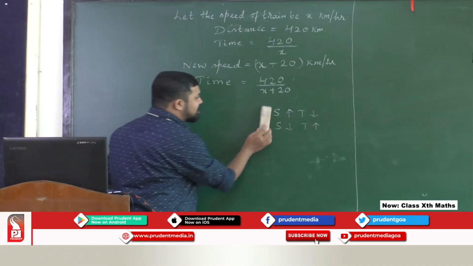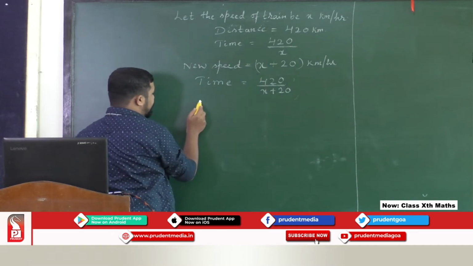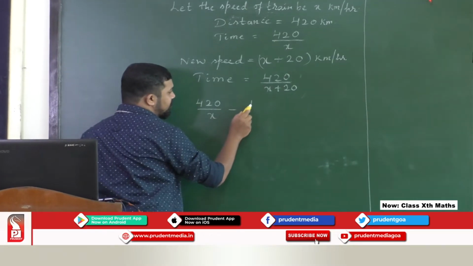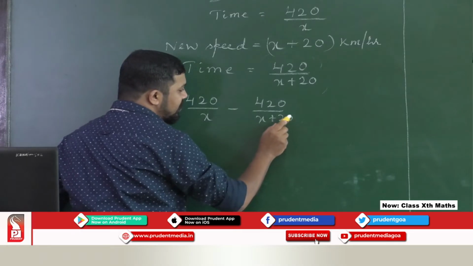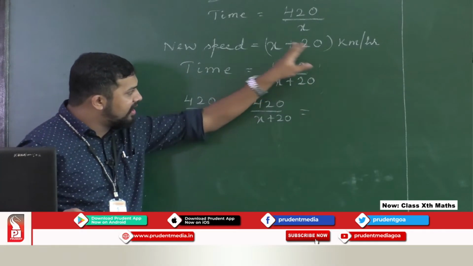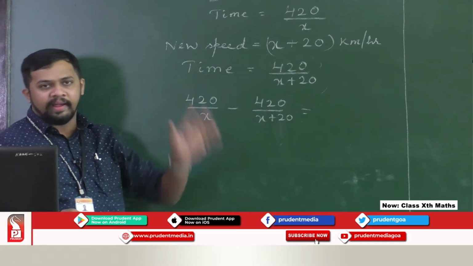So how will I write the expression now? 420 by x minus 420 by x plus 20. Are you clear why it is negative? Because in this part the speed was increased, and speed increasing means obviously the time has to decrease.